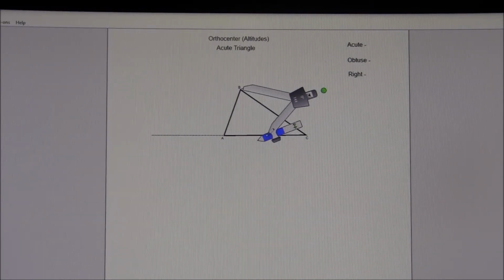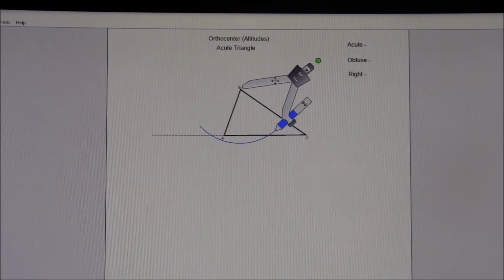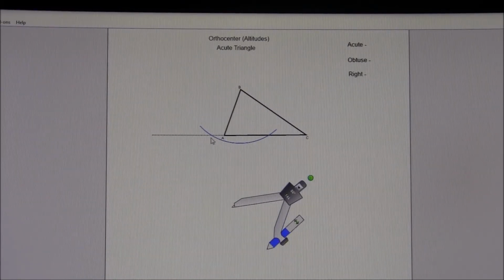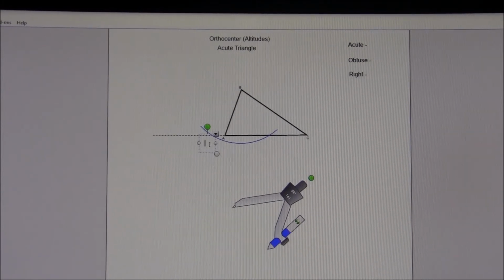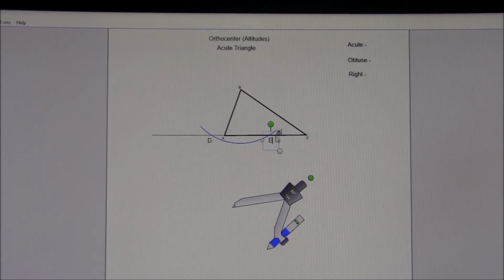This arc right here gives me these 2 points. Let's call those D and E. I'm not going to put the points, I'm just going to name them. D and E. See it? Where they intersect? And now I have to bisect this segment DE.